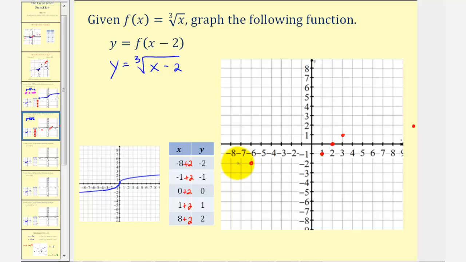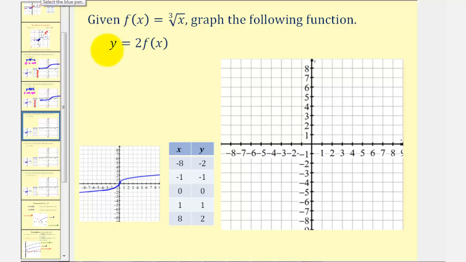So our graph would look something like this. Because we added 2 to every x coordinate, this graph is the graph of the basic cube root function shifted right 2 units. If we had the cube root of the quantity x plus 2, it would shift the graph left.